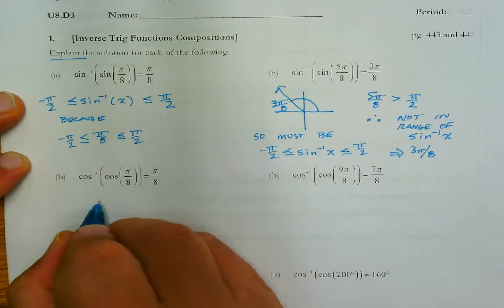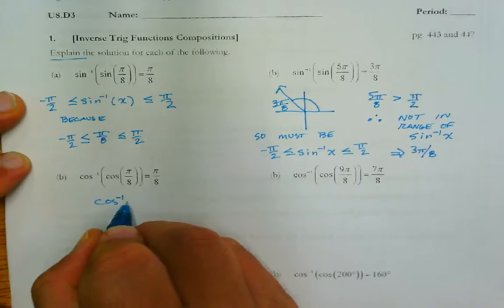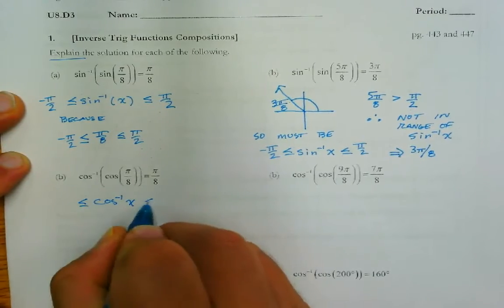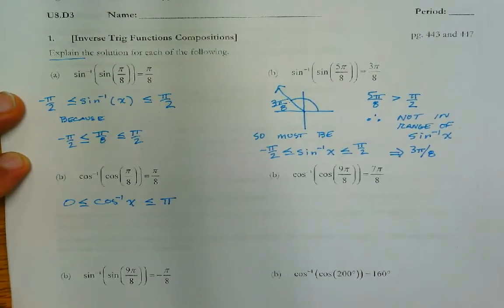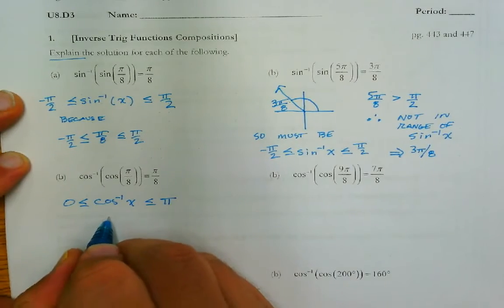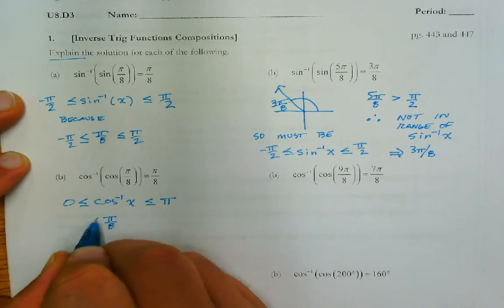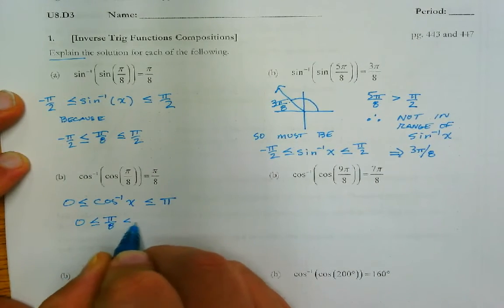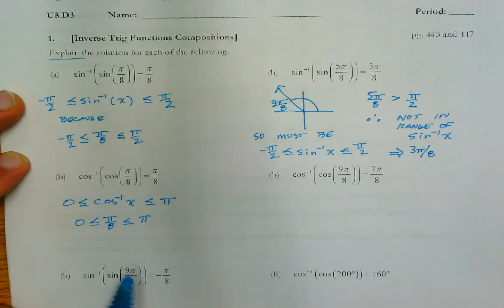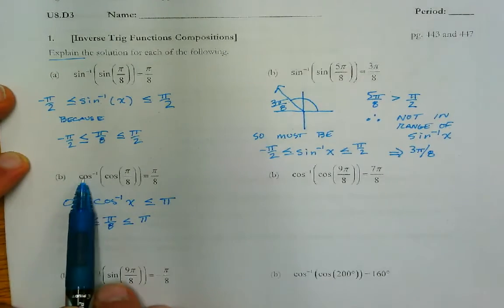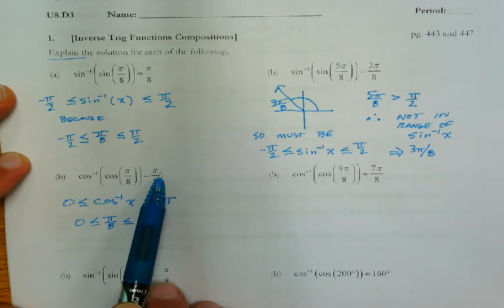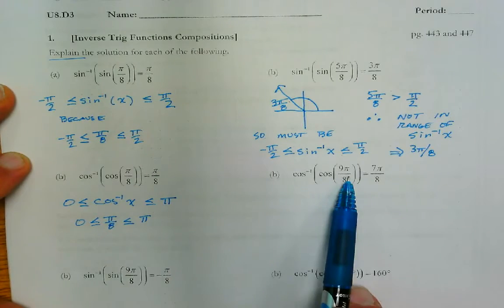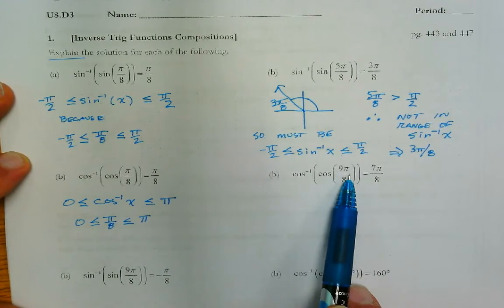With cosine, the output of the inverse cosine function is between 0 and pi. Well, pi over 8 is between 0 and pi, so the inverse cosine simply undoes the cosine, and that's what I'm left with. That is not the case here.